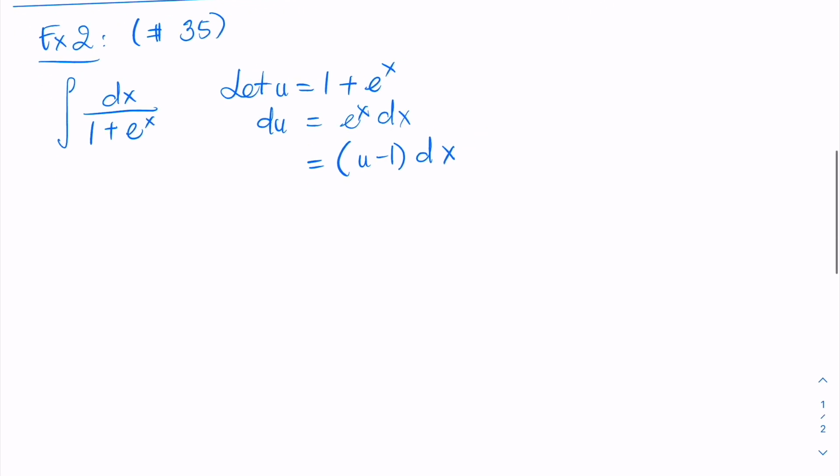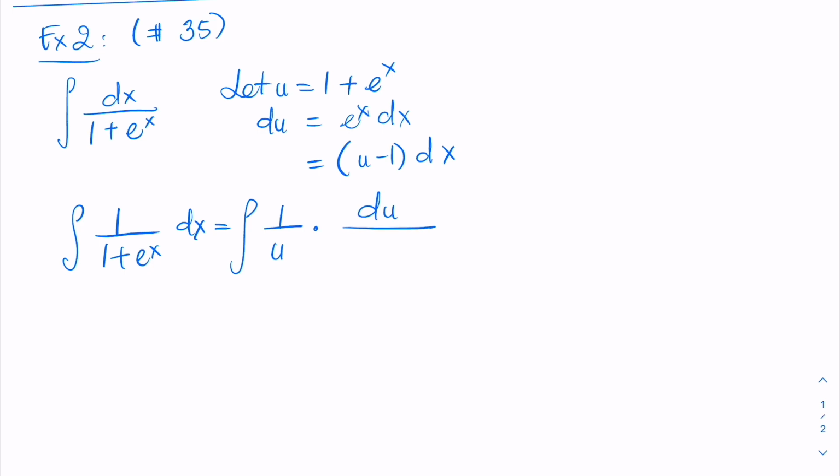So if I go back and rewrite, I would get 1 over u times du over u minus 1. So you can see that we have the fraction like this, 1 over u times u minus 1 du.